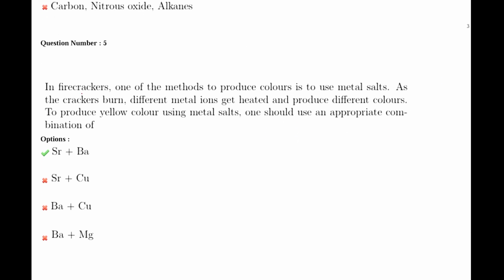Then the next question, firecrackers. One of the methods to produce color is to use metal salts. That is why firecrackers are so dangerous to the environment. Ions get heated and they produce different colors. So it is simply a flame test kind of question: what various metals produce in a flame test.